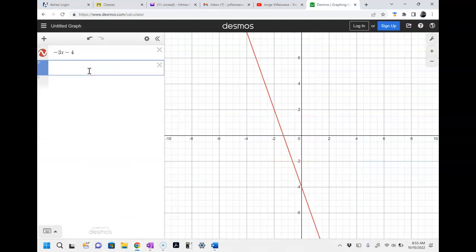On Desmos, if you want to know the answer, just click on the intersection. There it is, negative 1, negative 1. So that's what they mean. Use Desmos if you'd like. It's not cheating, it's a good skill, but you're not working through your critical thinking if you just go straight to the graphing.